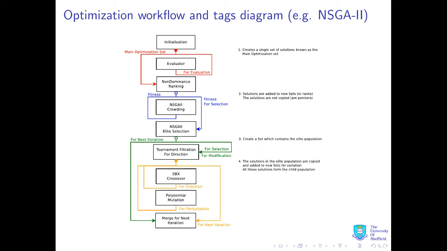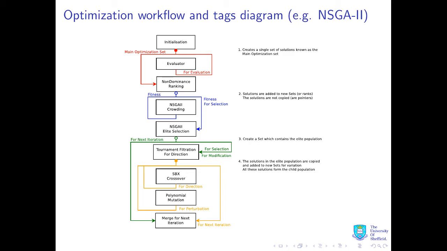After creating those sets, they are read by tournament filtration for direction, which then creates new sets. You can call these new sets the child population, which are then sent for crossover and polynomial mutation.